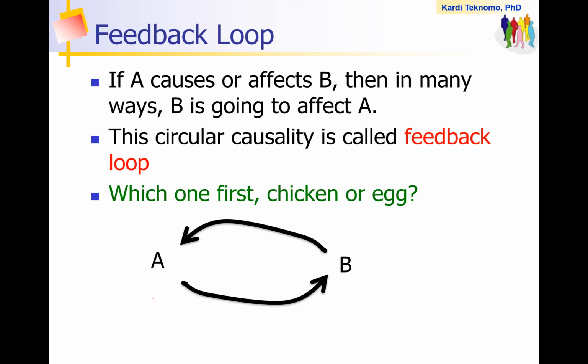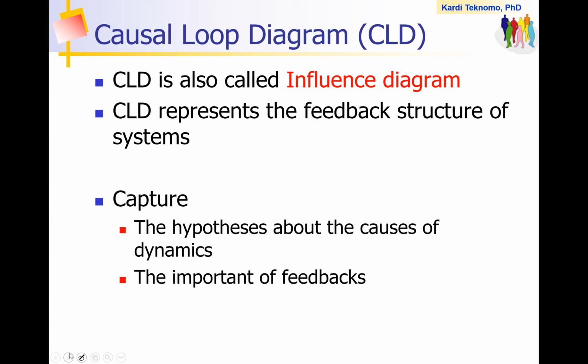Chicken or egg. So the CLD is sometimes called an influence diagram. It represents the feedback structure of the system. It will capture the hypothesis about the cause and effect in the dynamical system and the importance of feedback.